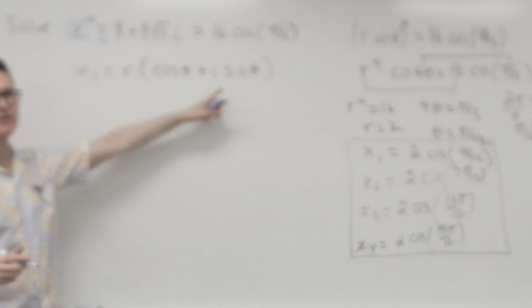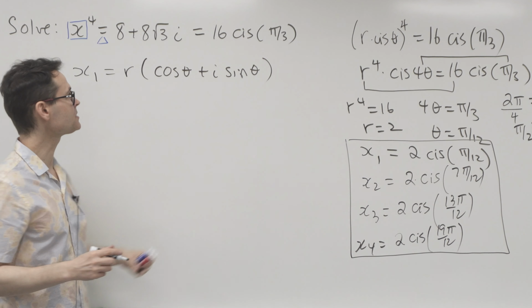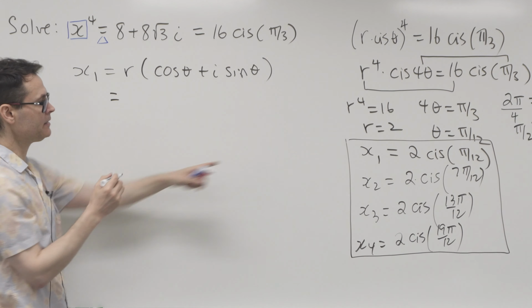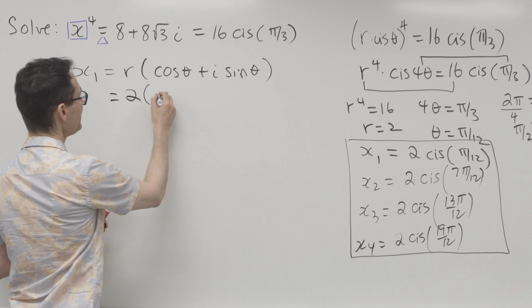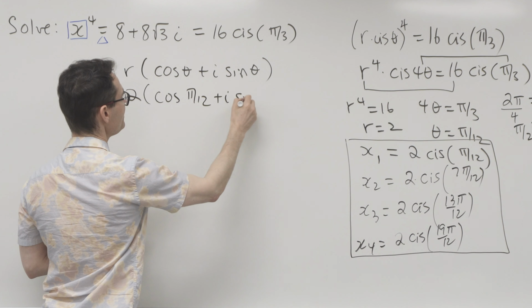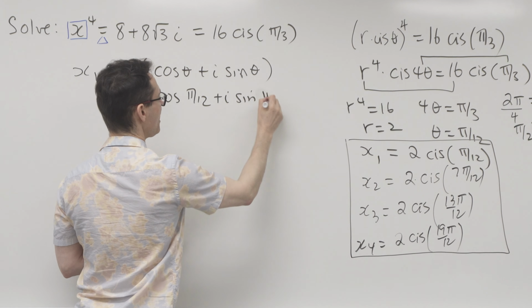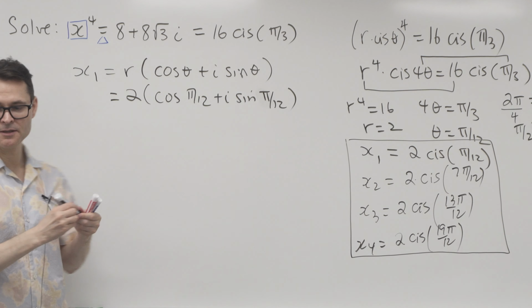And that's what cis means. C for cosine, i for the imaginary number i, s for sine. So the first one, again, the modulus is 2, the distance from the origin, times the cosine of pi over 12 plus i sine pi over 12. And all you have to do is plug these numbers into the calculator.